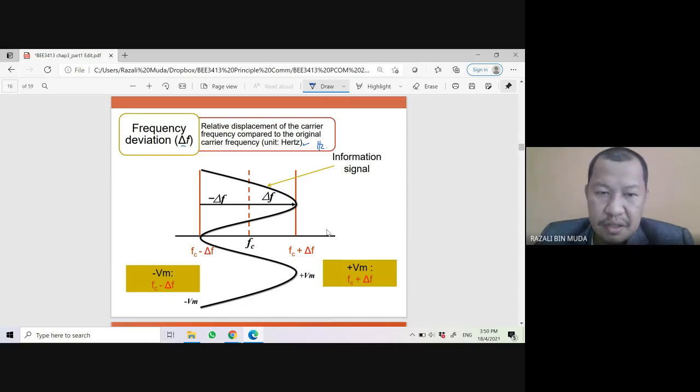What is this? This is the sine wave, the sine wave of the information signal, the sine wave of the baseband signal, Vm.